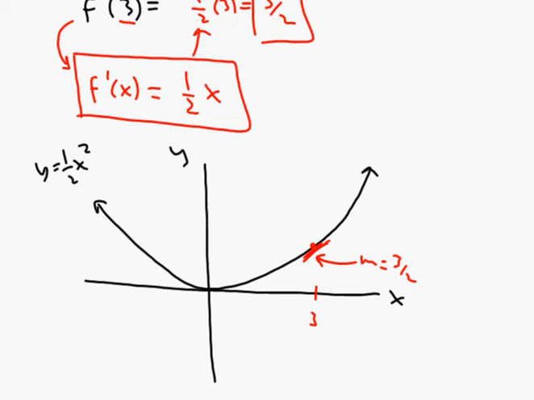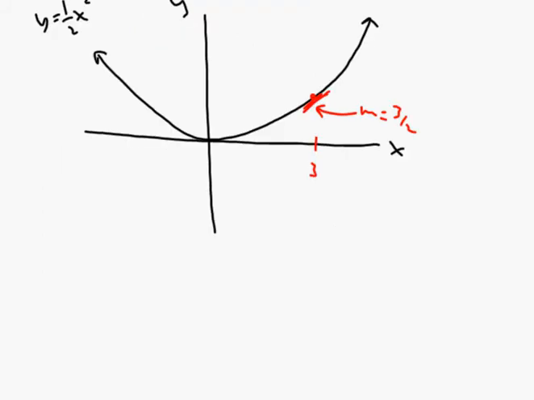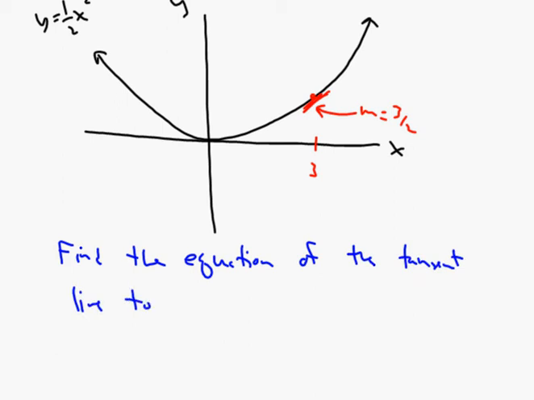Okay. So I just want to go one step further. My claim is that we can find not just the slope, but the equation of the tangent line to f of x equals 1/2 x squared at x equals 3.